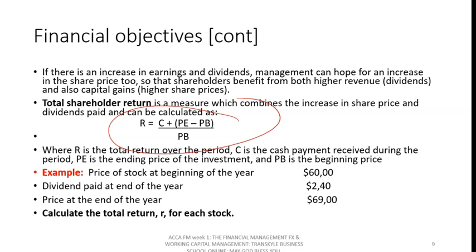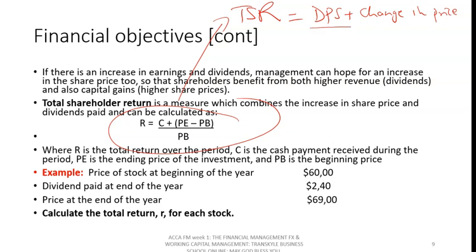So in essence, total shareholder return is equal to dividend per share plus change in share price over share price at the start of the period.